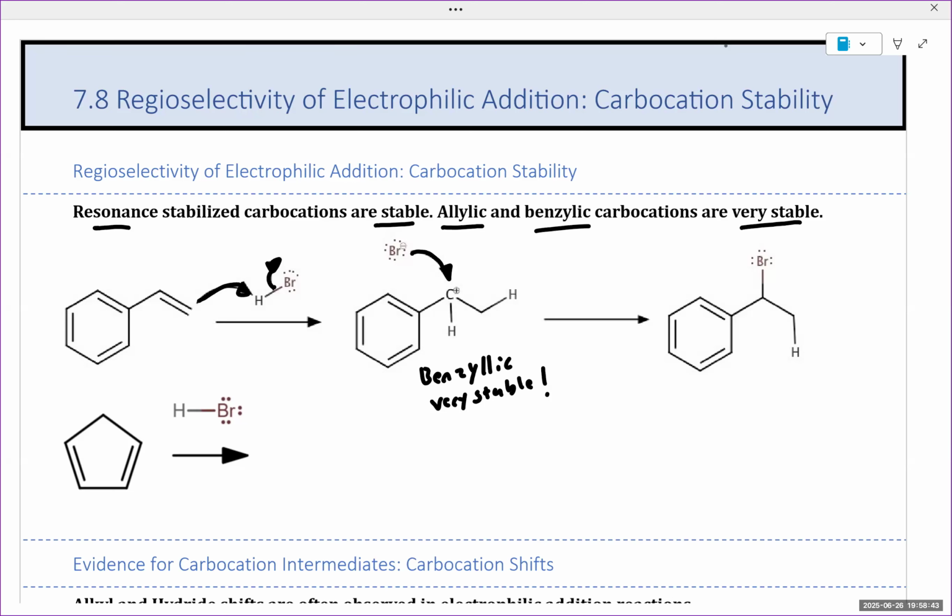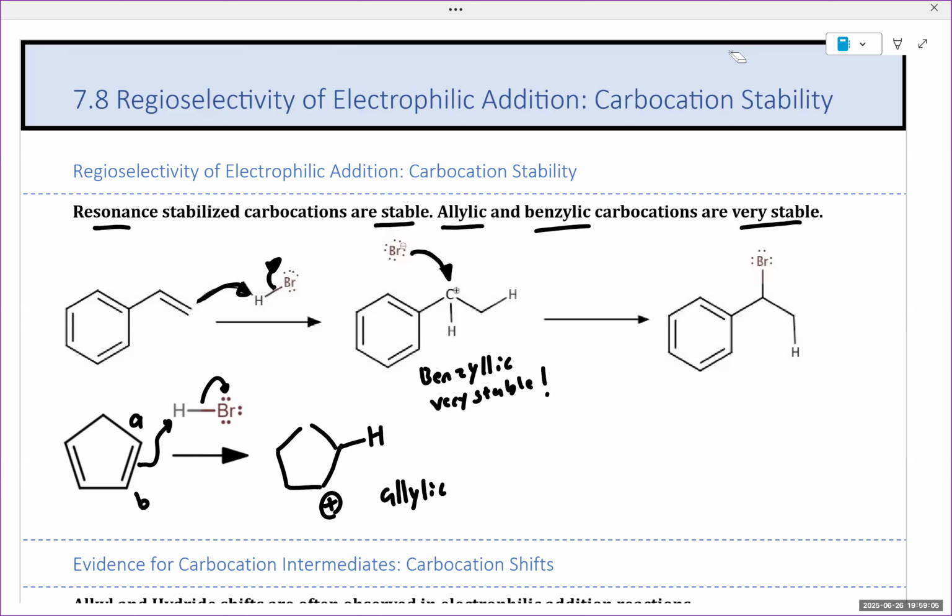So if we protonate the alkene, that in turn will generate a carbocation. Now, if we have a choice at protonating at position A or B, we're going to protonate at position A because it generates a carbocation that is allylic.